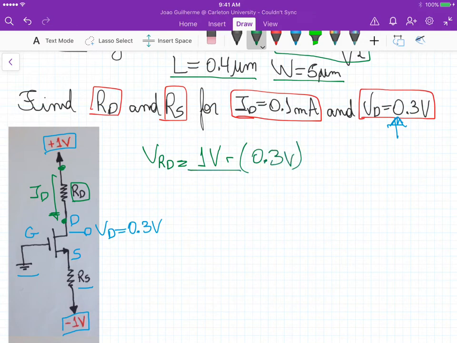That voltage is equal to the drain current times the drain resistance.